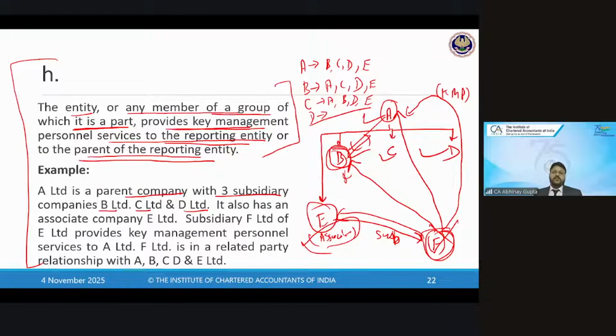But generally, F is not supplying any goods to D Limited for which a price can be established, right? F is just giving a piece of advice. Can that piece of advice be measured easily?